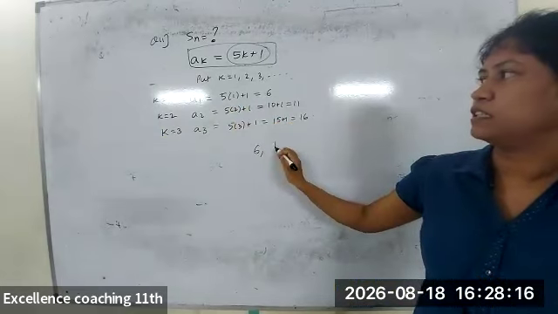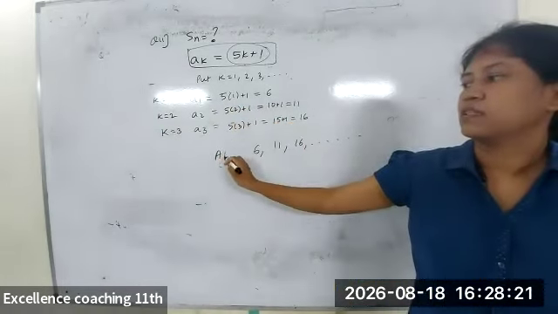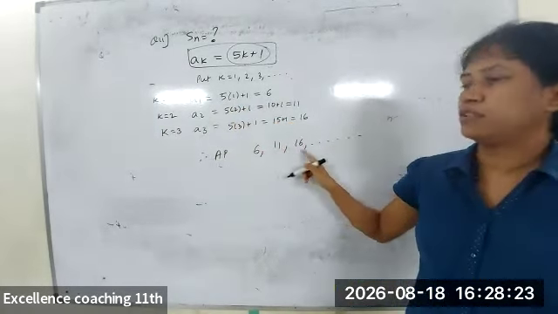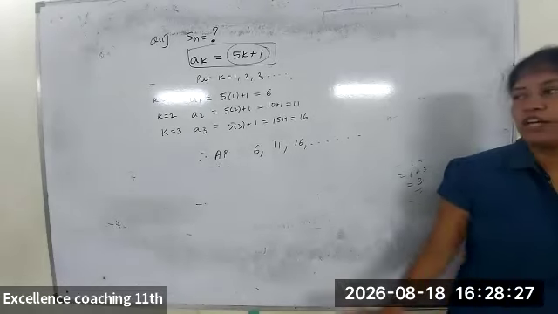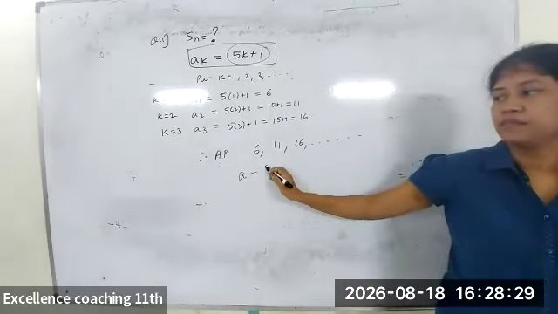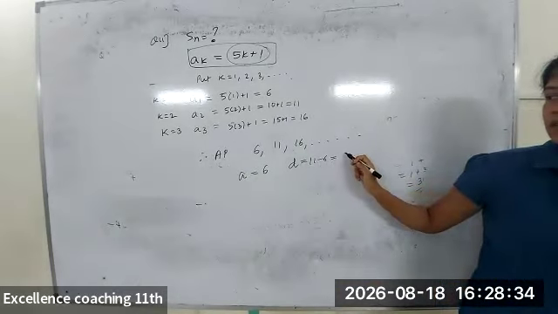So what is the series? This is the AP. a1, a2, this is your answer. Now you know what is your first term and you know what is the common difference.